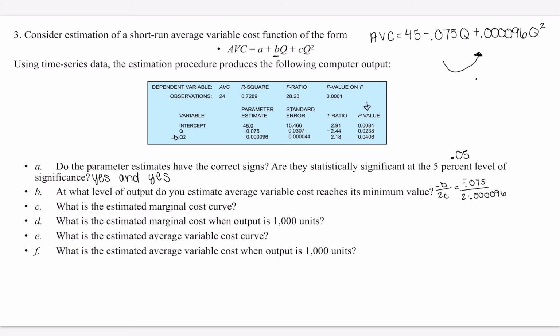And a negative times a negative for our b value makes that a positive. So that gives us 390.625.